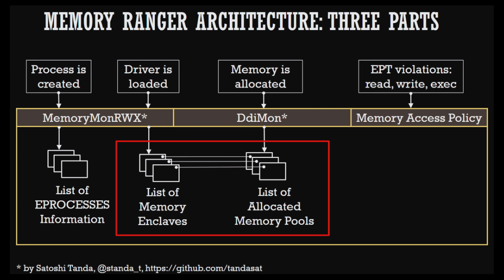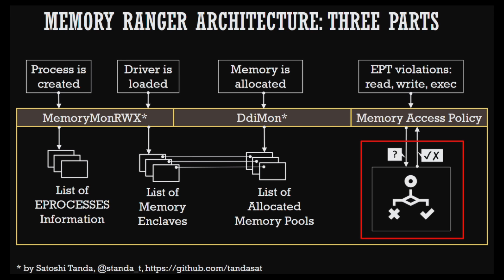Each time the driver allocates memory data, MemoryRanger adds the following information to the list. This structure includes the address and the size of the newly allocated data. Memory access policy manages all these lists and decides to grant memory access or to deny it. All the details about MemoryRanger architecture are in my white paper.